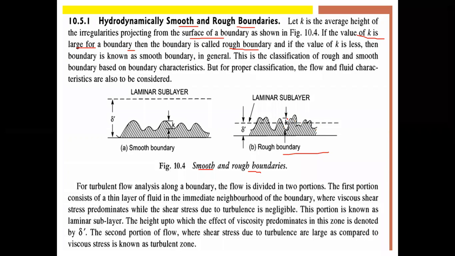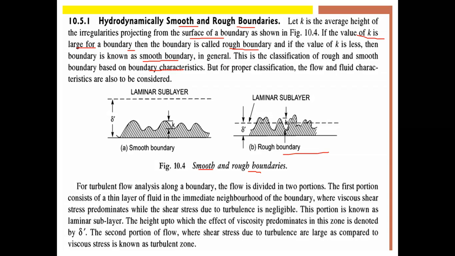So if this K distance is large, we call it a rough boundary. And if the value of K is less, then the boundary is known as a smooth boundary. This is a classification of rough and smooth boundaries based upon the boundary characteristics. So remember, whenever the K value is large, we say it is a rough boundary. Whenever the value of K is small, we call it a smooth boundary.